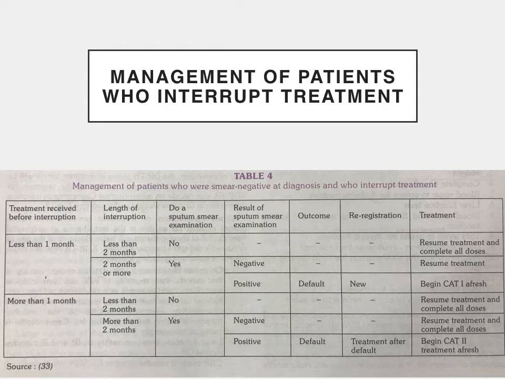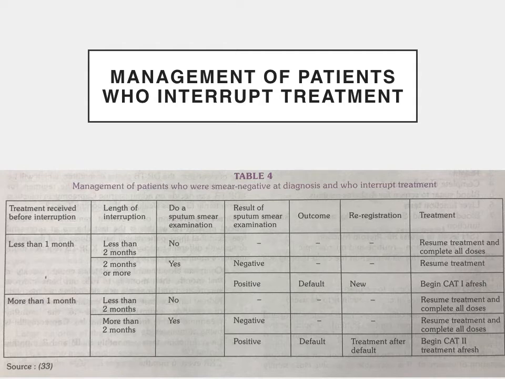A daily self-administered non-DOTS regime is followed in exceptional cases when there is an adverse reaction to drugs used in short course chemotherapy, or when the patient cannot comply with this regime.